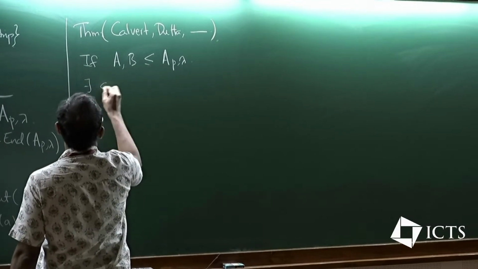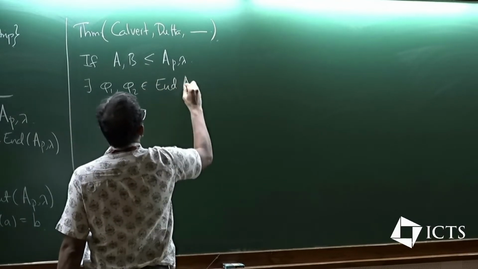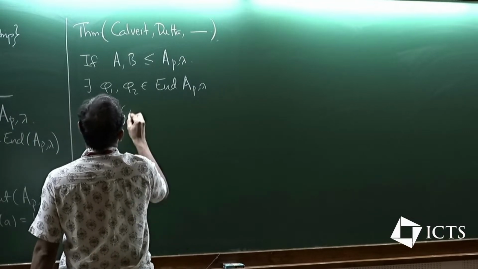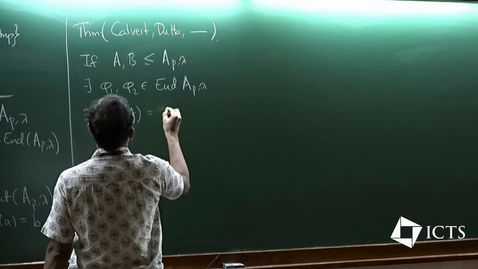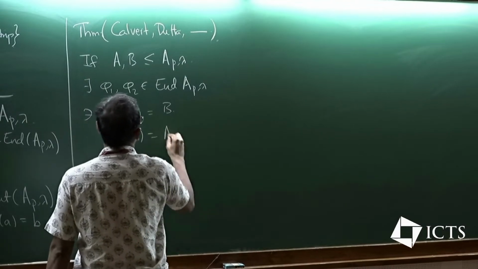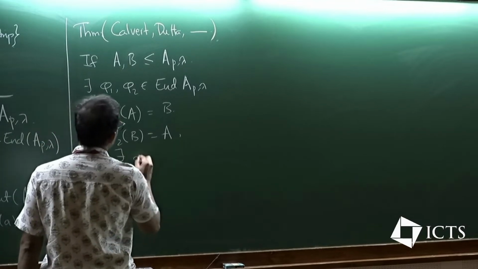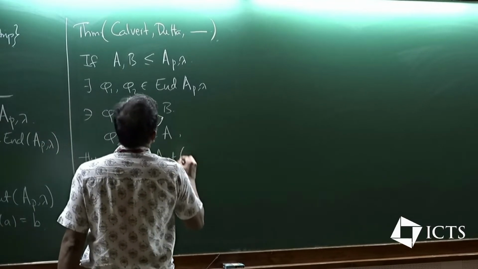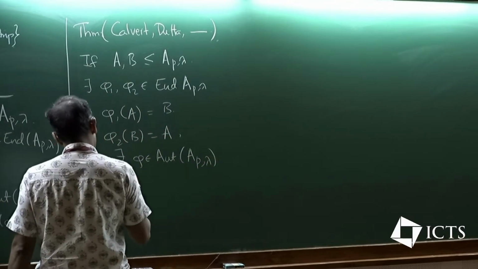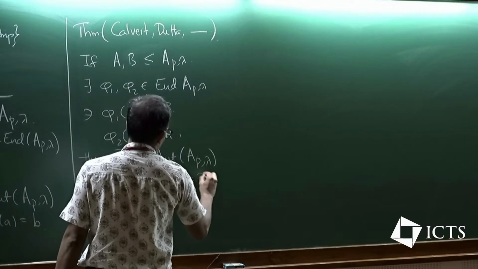There exist phi1, phi2 in End(A_P lambda) such that phi1 of A is equal to B, phi2 of B is equal to A, then there exists phi in Aut(A_P lambda) such that phi of A is equal to B.